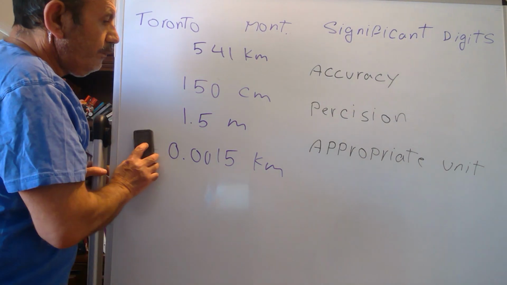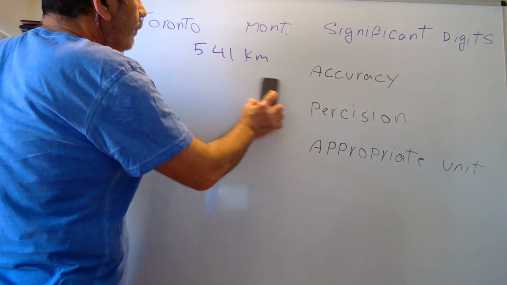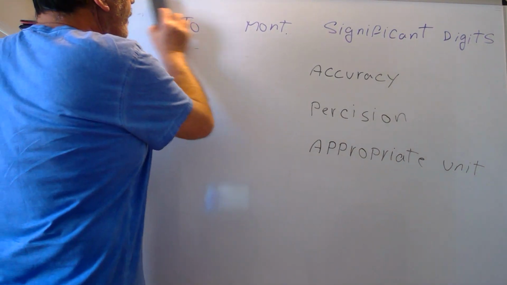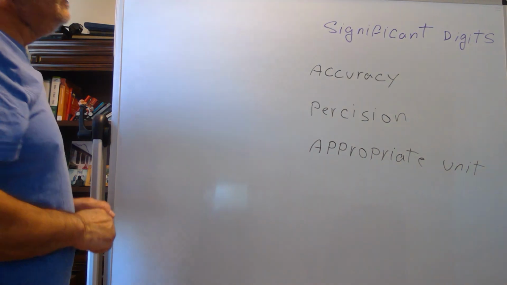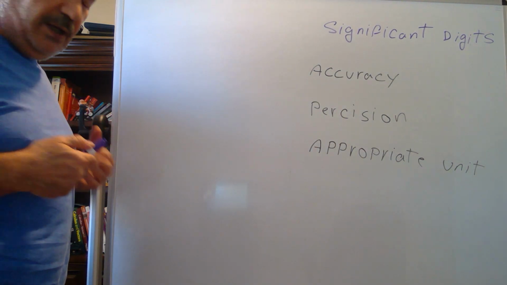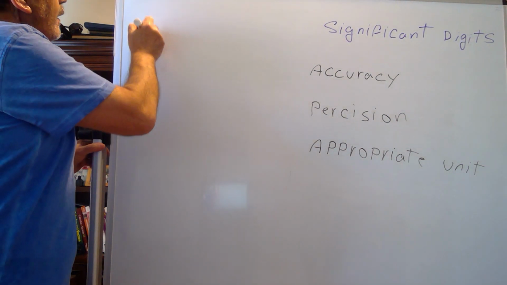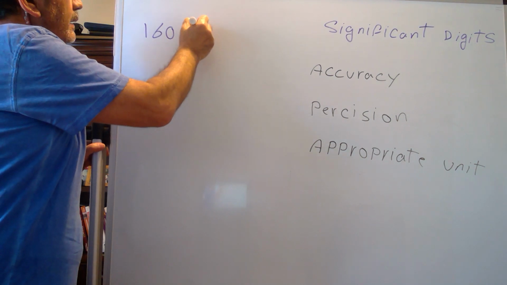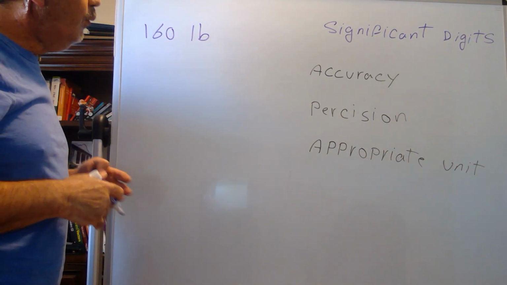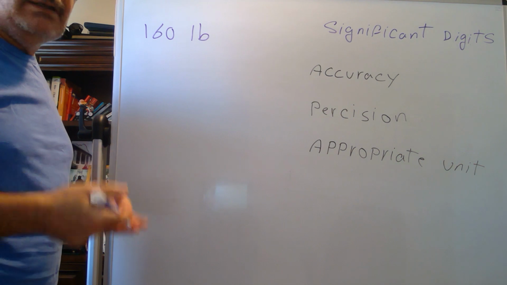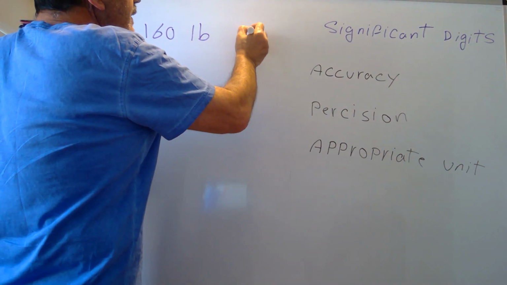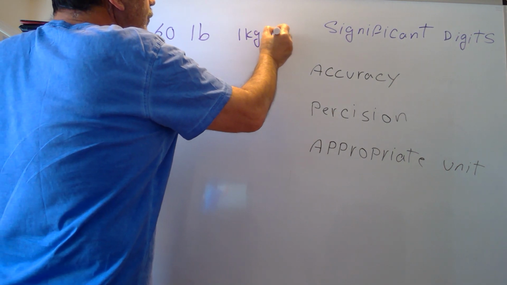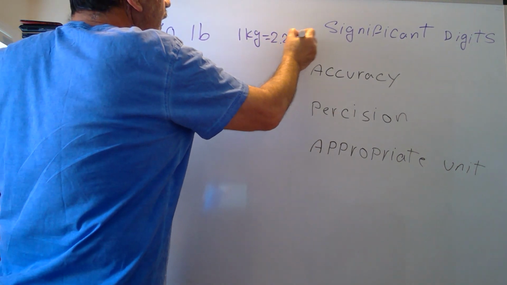Now, let's say my weight is 160 pounds, and I want to convert my weight to kilograms. I know that 1 kilogram is 2.205 pounds.